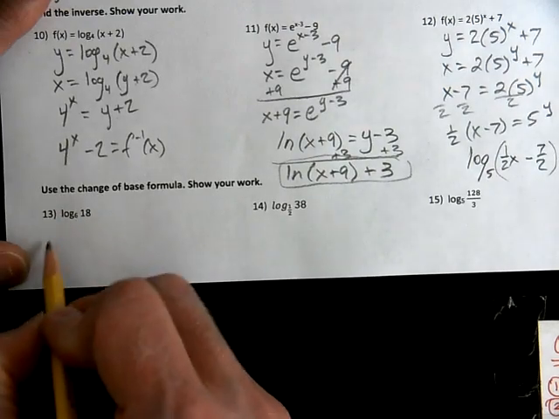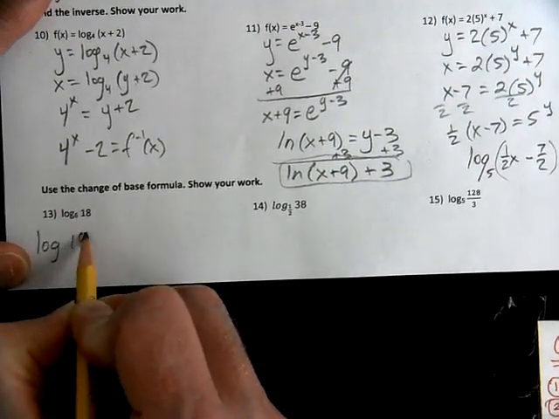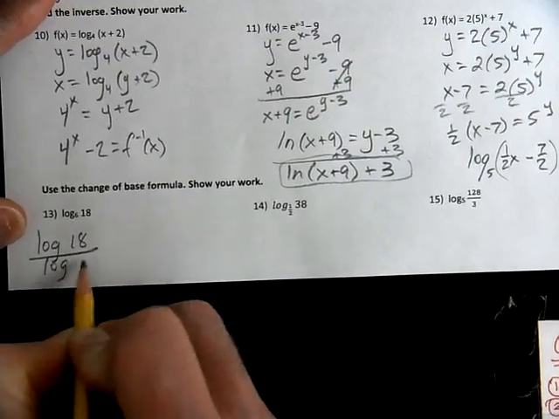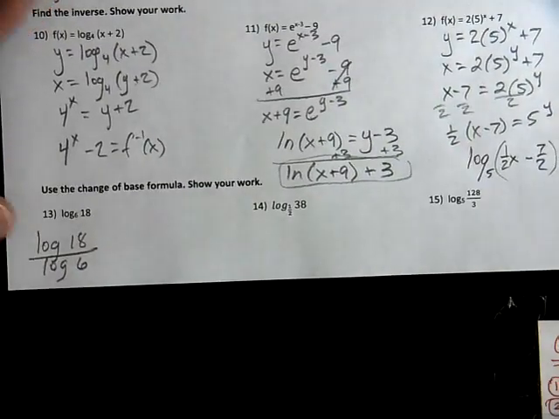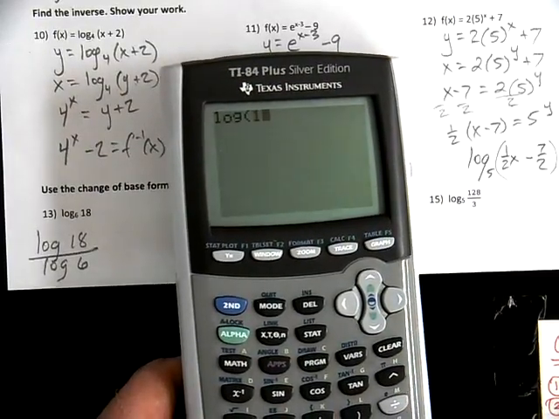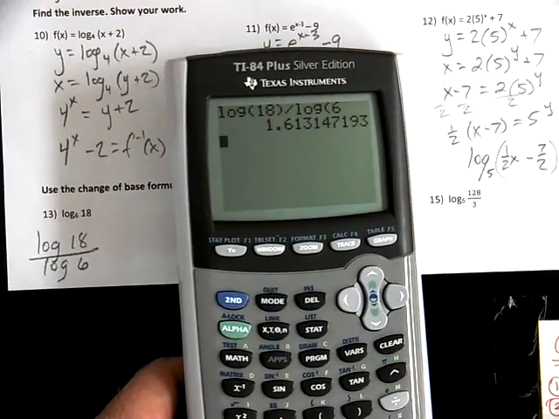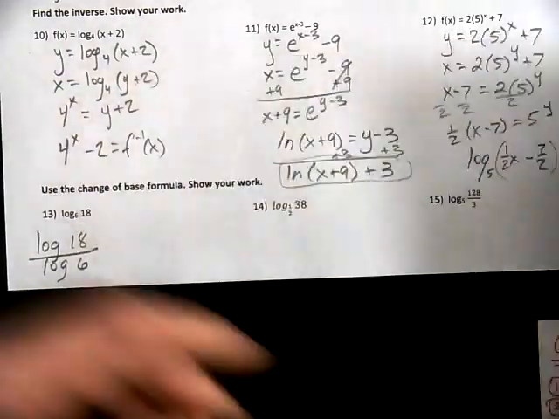Change the base formula. Log of 18 divided by log of 6 gives us 1.61.